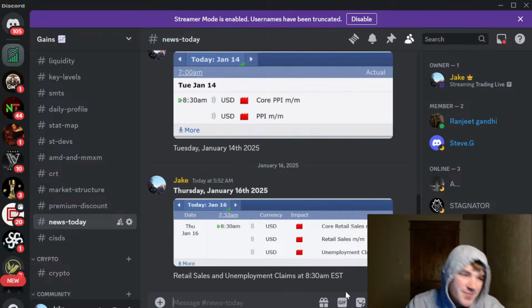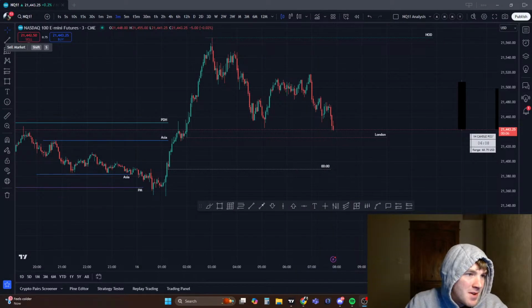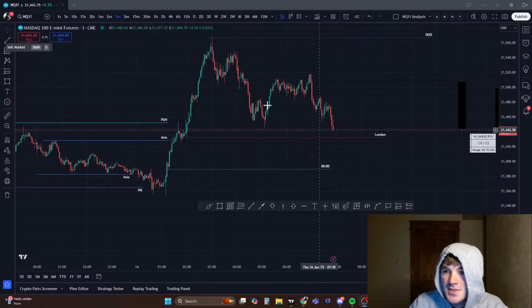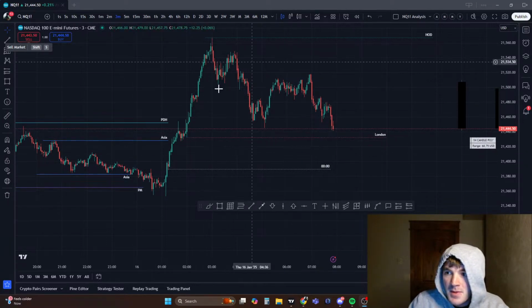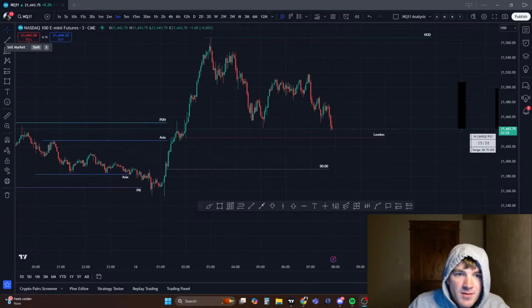All right. What screen am I showing? Okay. Back to what I was doing. So we possibly are about to go take London's lows, and we're leaving a decent amount of liquidity above. So, to be determined what that will mean.